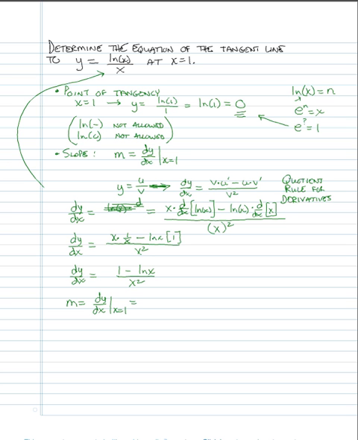So in this case, we put a 1 in for the x's, and it would look like this, wouldn't it? And when we do our calculations, let's just remember that natural log of 1, we just discussed, is 0, and 1 squared is 1, so we end up having 1 over 1, don't we? Which is just 1. So in this case, the slope is 1.